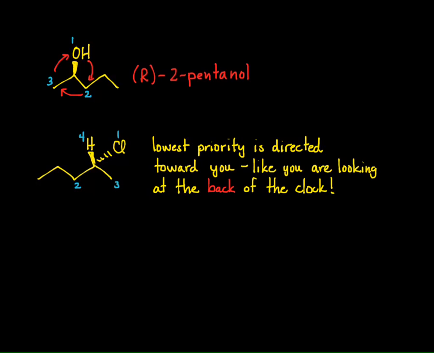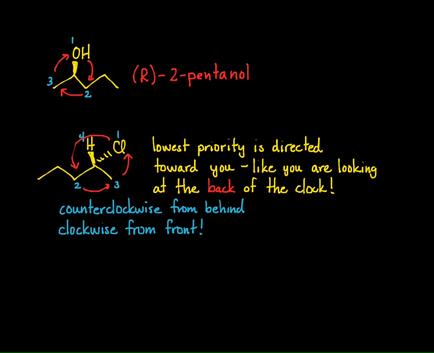So in this particular case, we're going from 1 to 2, 2 to 3, 3 back to 1. I'm going in a counterclockwise fashion, but I'm looking from behind the face of the clock. Therefore, if I was looking at the front of the clock, the rotation would be clockwise, and clockwise rotation is R, so this becomes R-2-chloropentane.